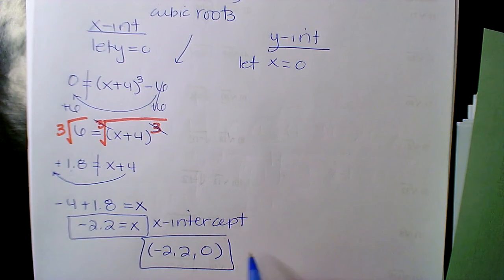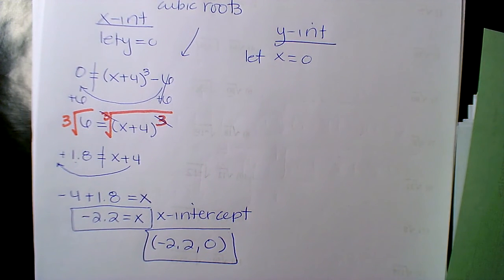Beautiful. If I slide Desmos over, that cubic function that you graph should be crossing at that point, which I'll show you on Desmos, but then I'll stop the video.